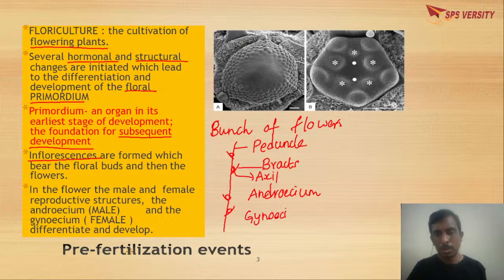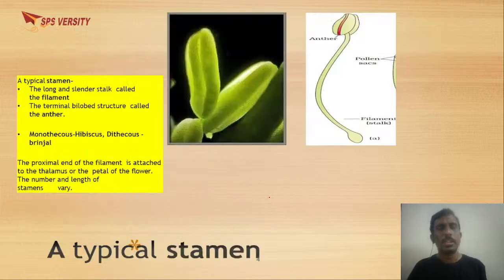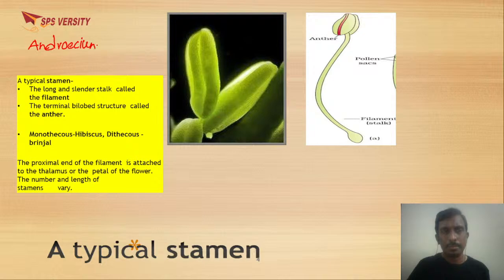This androecium and gynoecium play an important role in reproduction. First, we are going to discuss androecium. Androecium is the male part of a flower.